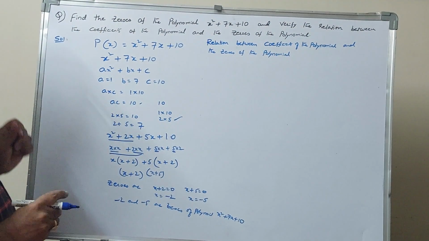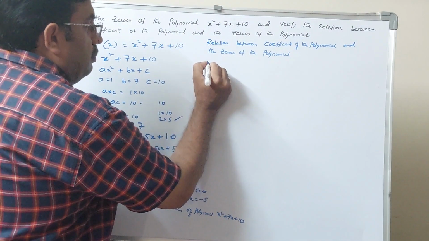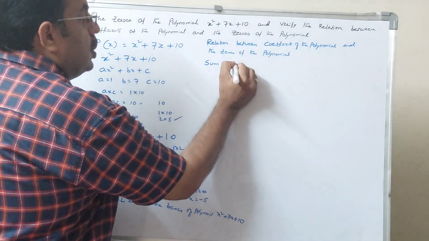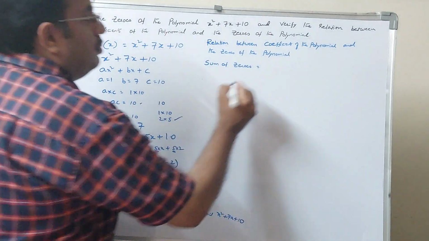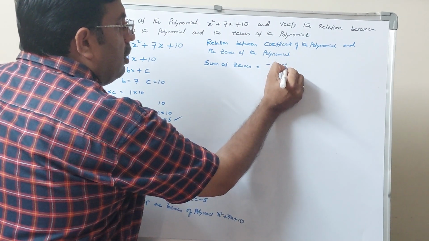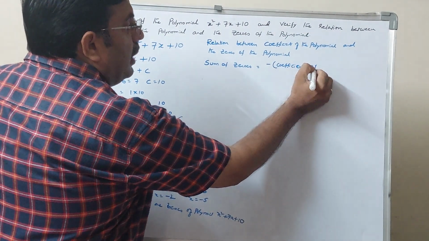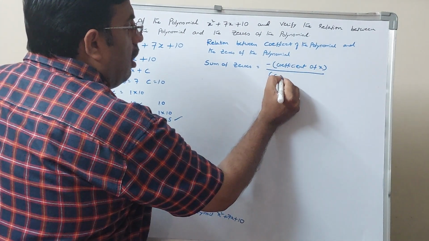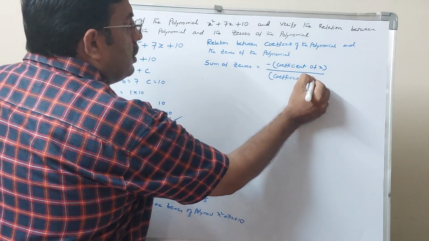Okay na? Relation between the coefficients of polynomial and the zeros of the polynomial. What is that one? Sum of zeros is equal to minus coefficient of x by coefficient of x square.